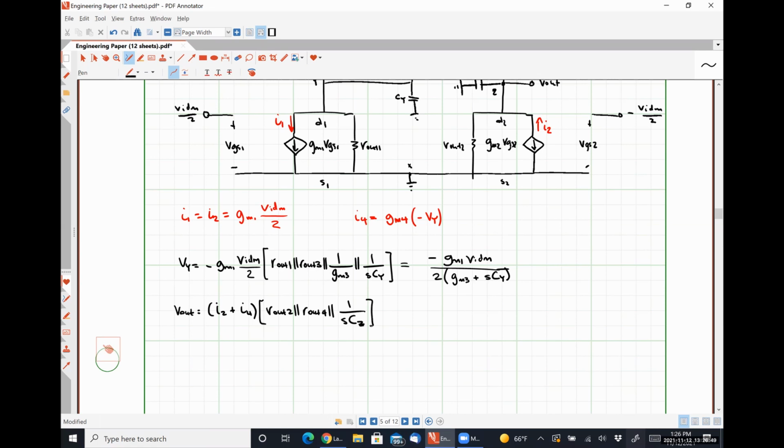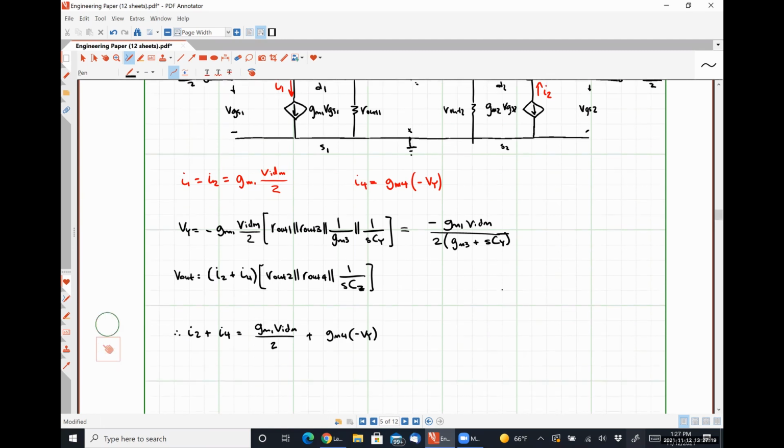And so now math needs to occur, unfortunately. All right. So let's look at the I2 plus I4 bit. All right. So I2 plus I4 is going to look like GM1 VIDM over 2, which represents I2, plus GM4 times negative Vy.